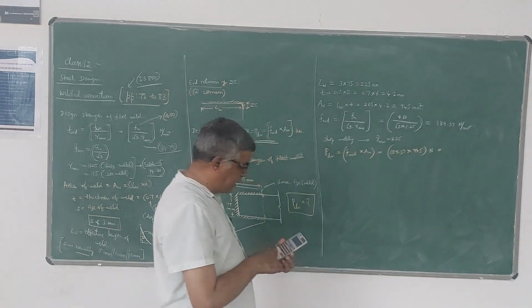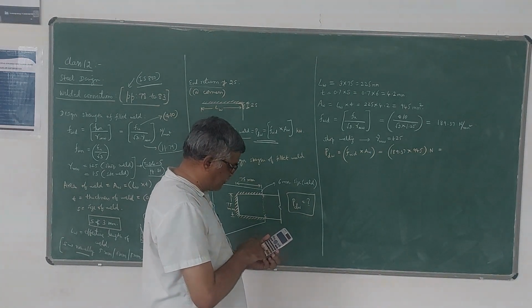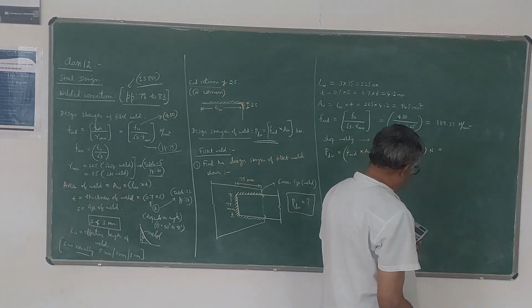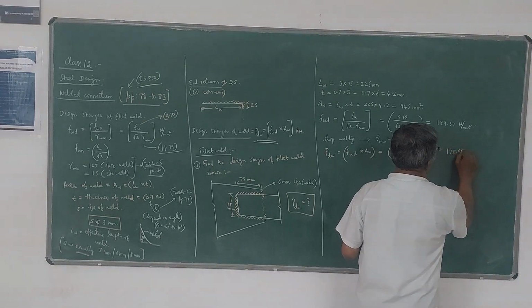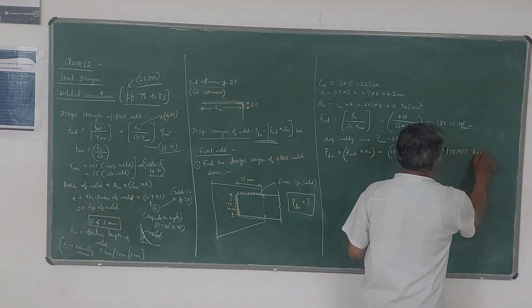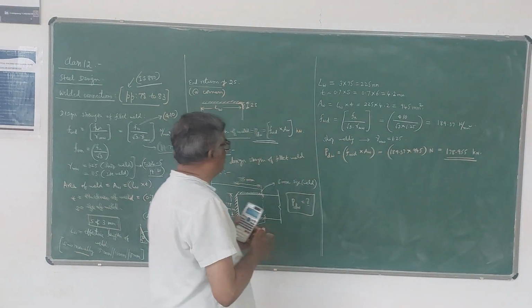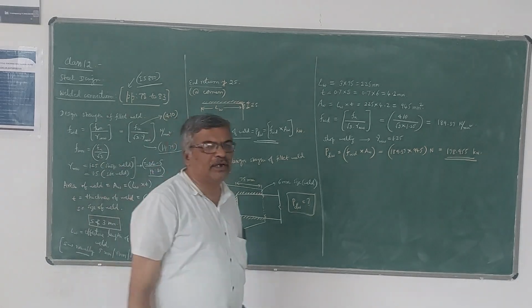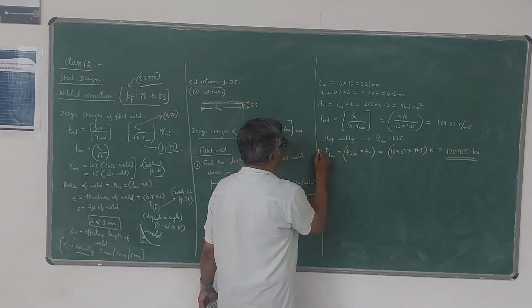So you will get the design strength of the weld. That means this weld can carry a load up to 178.955 kilonewtons.